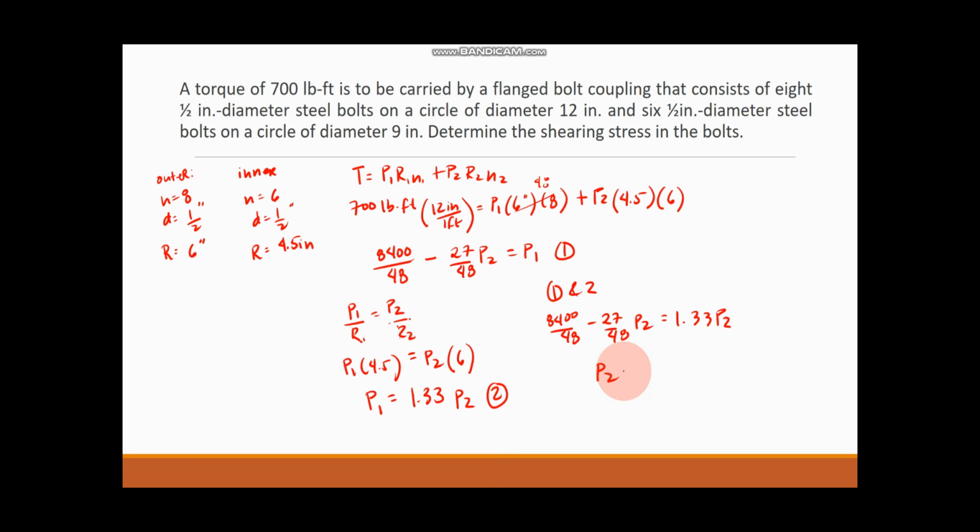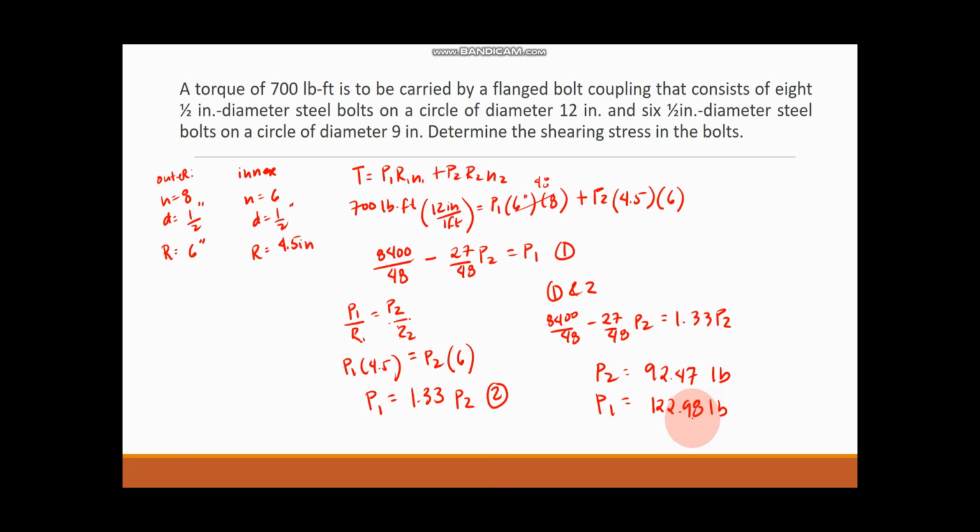Therefore, P2 is equal to 92.47 pounds. Therefore, our P1 is 122.98 pounds.